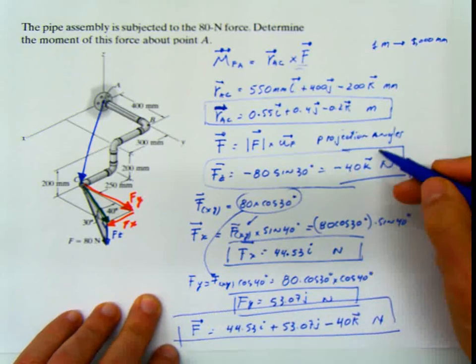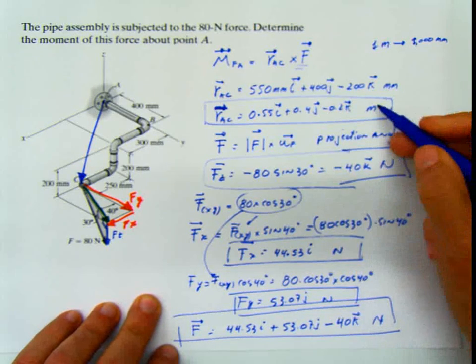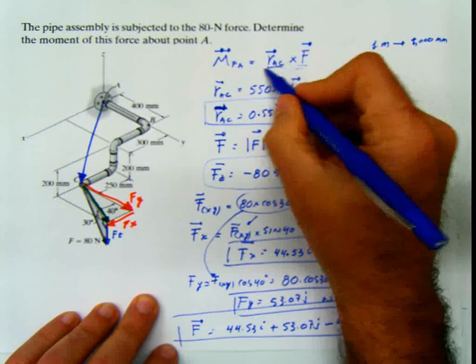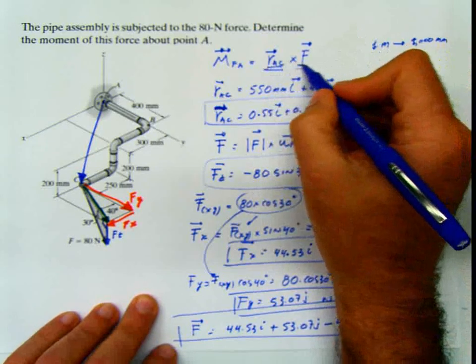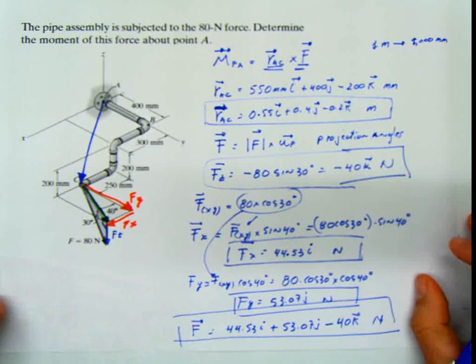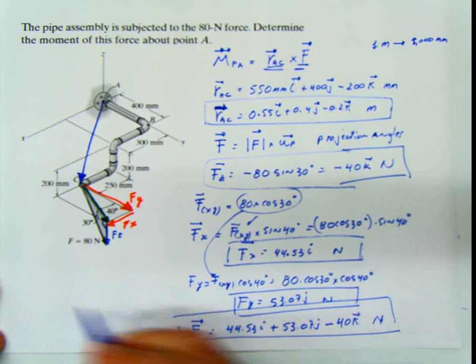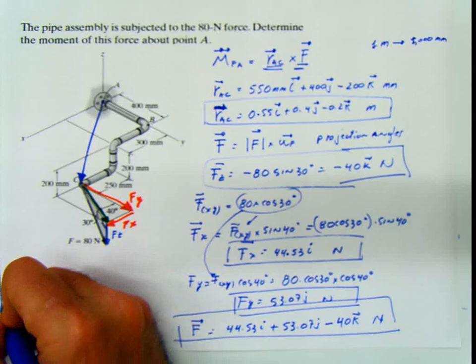Now I have F, I already calculated, and I have R. I have to do the cross product R cross F. What is the cross product R cross F? Well, let me put here the cross product RF.